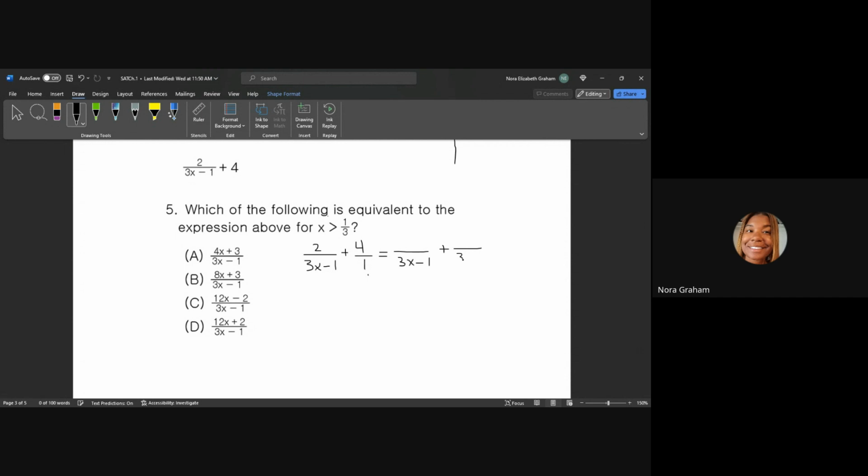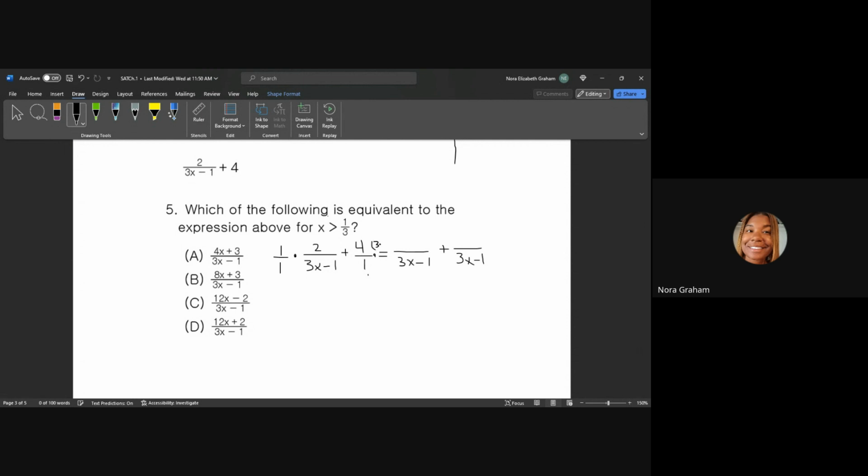All right. So now I'll have the same denominator. But when I multiply this side by 1, whatever I do to the bottom, I have to do to the top. I multiplied this side by 1, so I multiplied my numerator over here by 3x minus 1. So I have to do the same for over here: I have to multiply this by 3x minus 1.